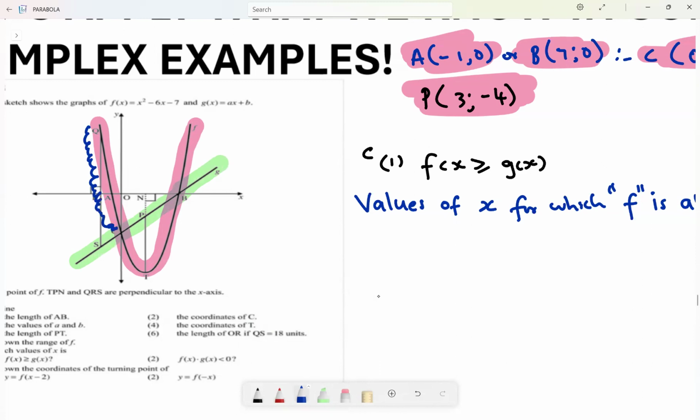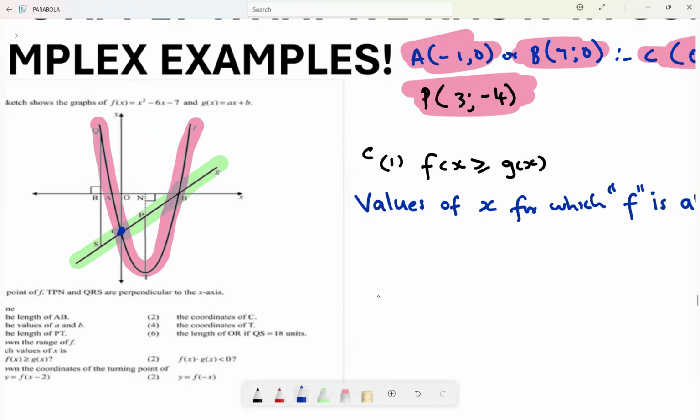From this portion, it is above until we reach the point C. When we reach point C, it is not above it. Oh, here it says above or equal to g. So from -infinity up to this point C, it is above or equal to g.